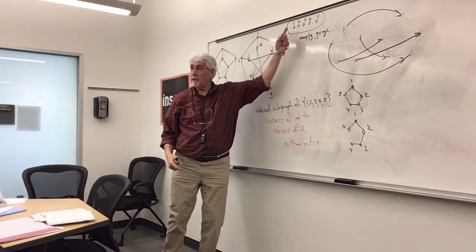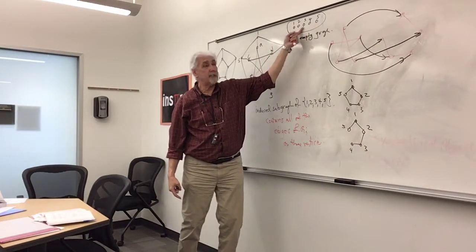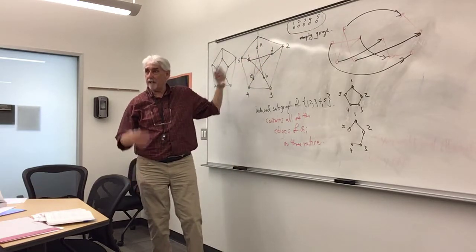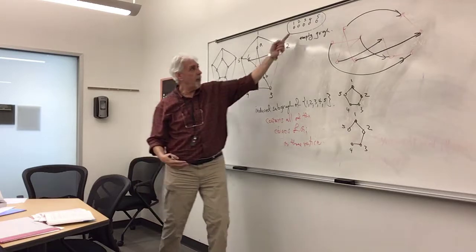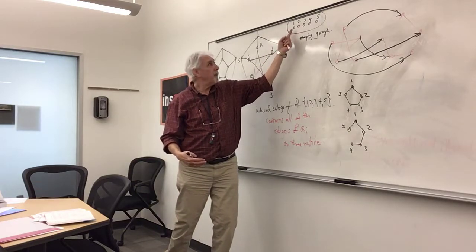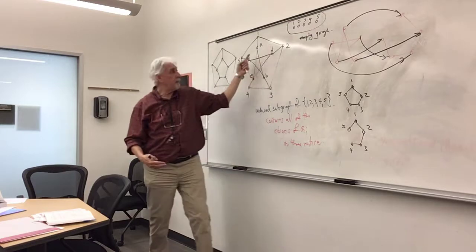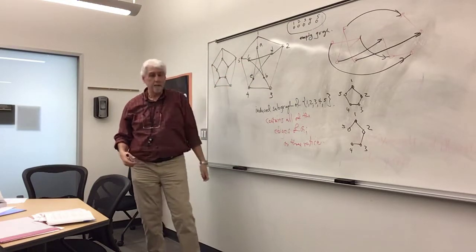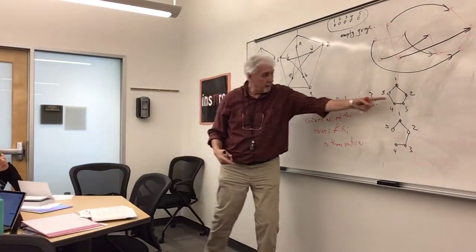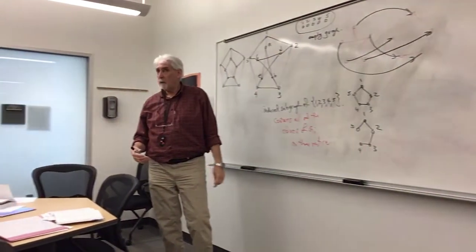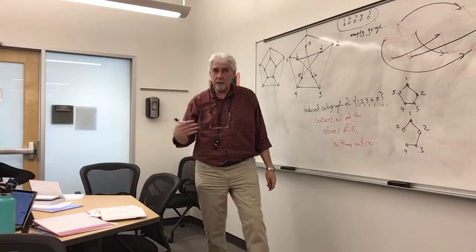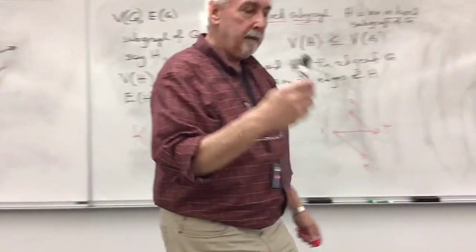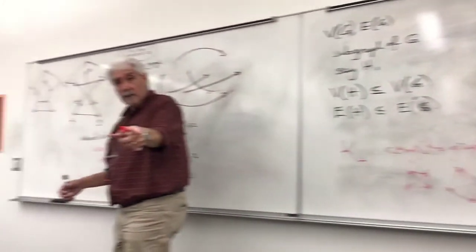This is a subset of the vertices, and the set of edges in here is a subset of the edges in here. That's a vacuous statement when you have the empty graph. So we're going to use sets just like you did previously. Okay, all right, so that answers your question.